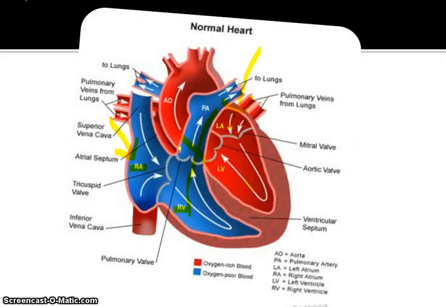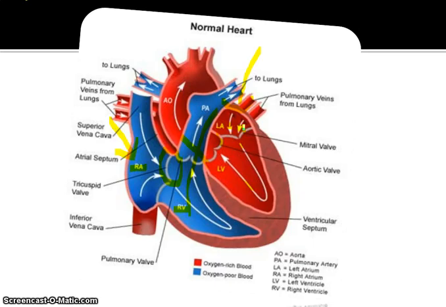The AV valves, or the atrioventricular valves, prevent the blood from flowing back into the atrium once it gets into the ventricle. The right AV valve is called the tricuspid valve, where the left AV valve is called the bicuspid valve. And again, it's preventing the blood flow back into the atrium.